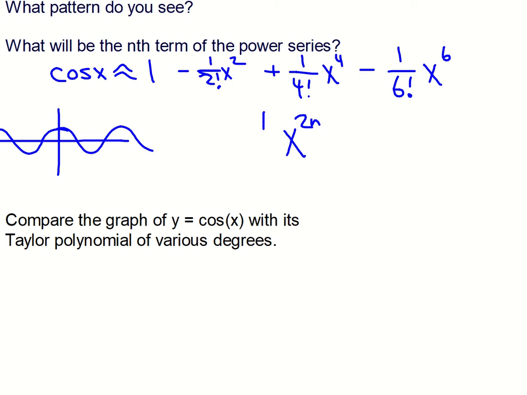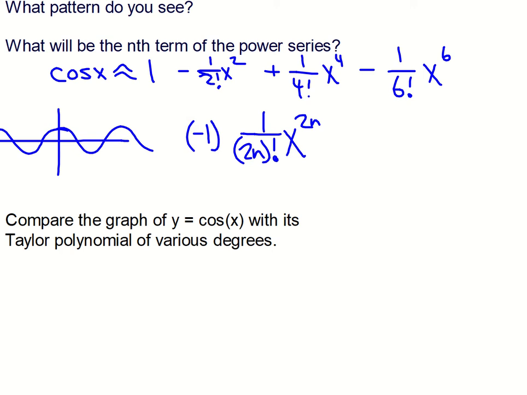Then what's the coefficient? We're going to have 1 over the same number, factorial. So that would be 2n quantity factorial on the bottom. And then the signs are alternating, so let's figure out what we need to make the signs alternate. We'd have -1, and we would need either the n or the n plus 1.